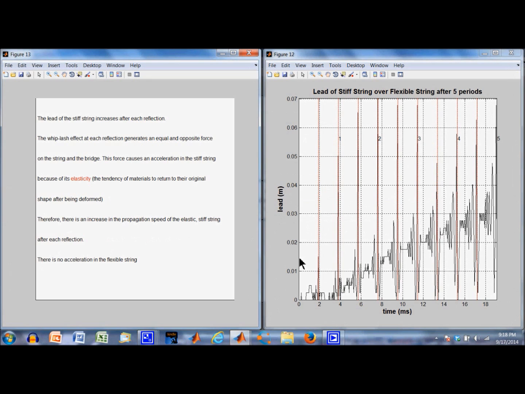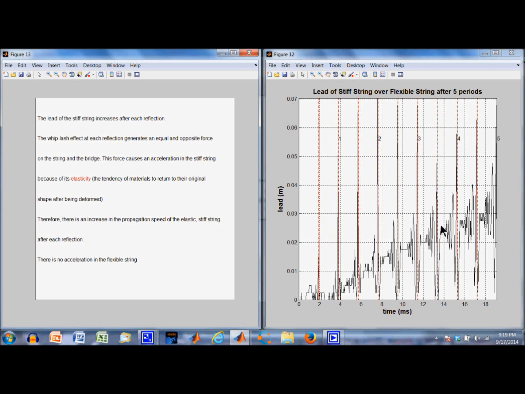Now you can go through and calculate the lead of the stiff string over the flexible string as a function of time, which I've done over here in this graph. I'm plotting the lead of the stiff string versus the time. This vertical red line here represents a reflection. Here's the reflection after one period, reflection after two periods, and so forth.